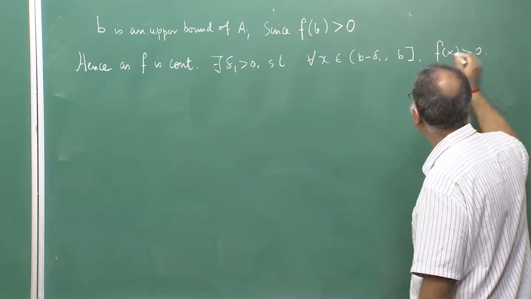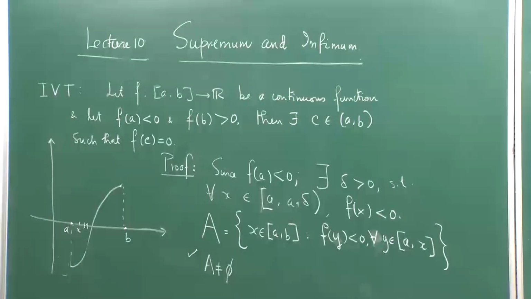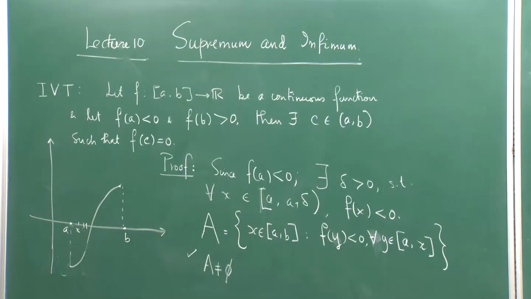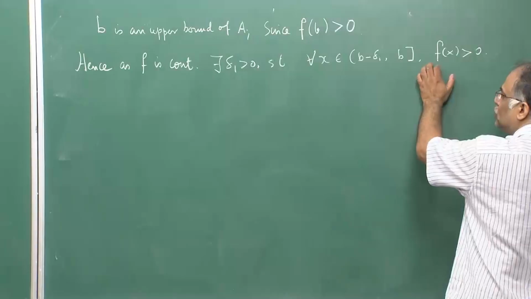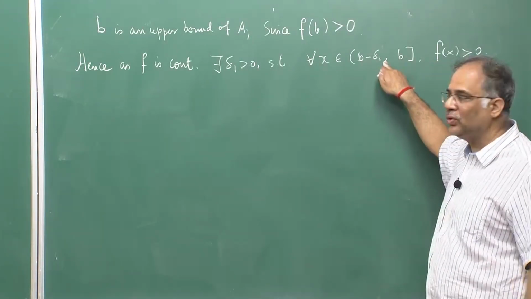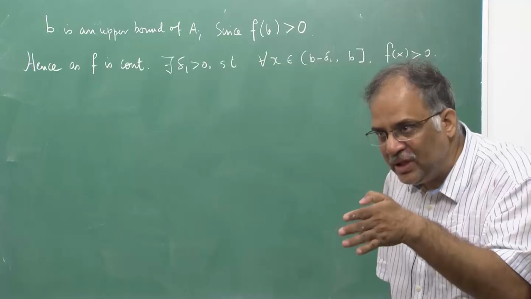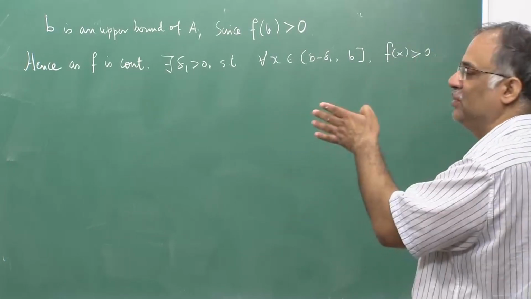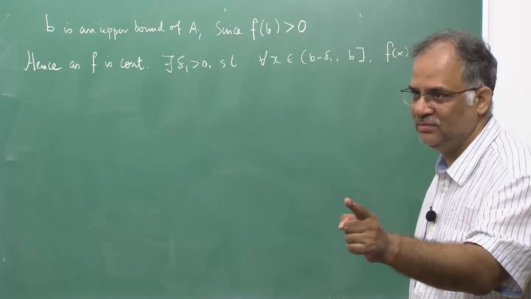This is the definition, and it comes from what we already studied in the last class on continuous functions. Now, what does this tell me? Any x here must also be an upper bound. So b is not the only upper bound, there are elements less than b which are upper bounds. So the least upper bound must be less than b.